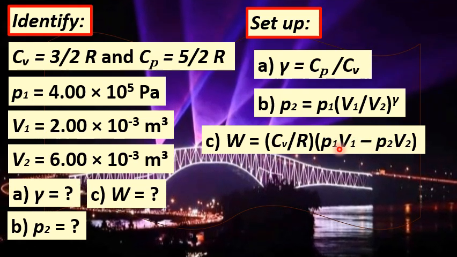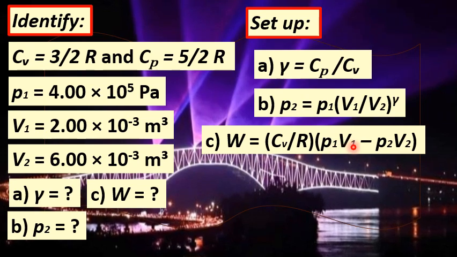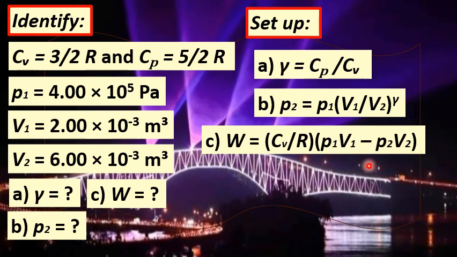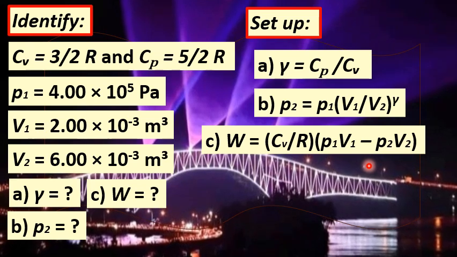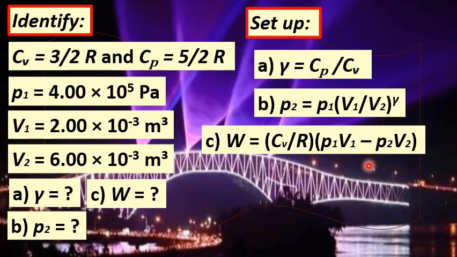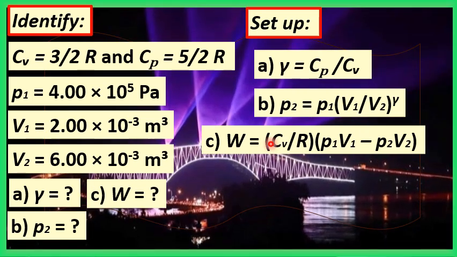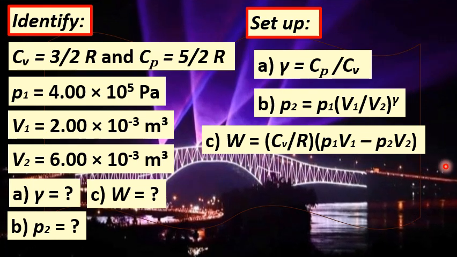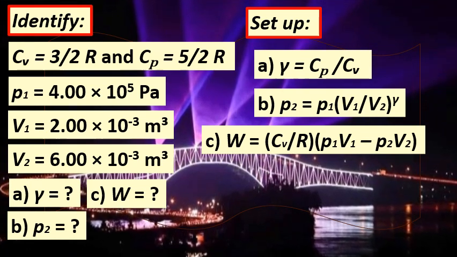That is the product of P sub 1 and V sub 1 minus the product of P sub 2 and V sub 2. Take note, we will be applying the rules of significant figures in all our succeeding computations.